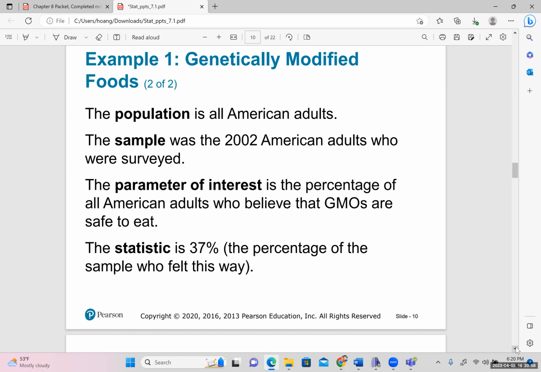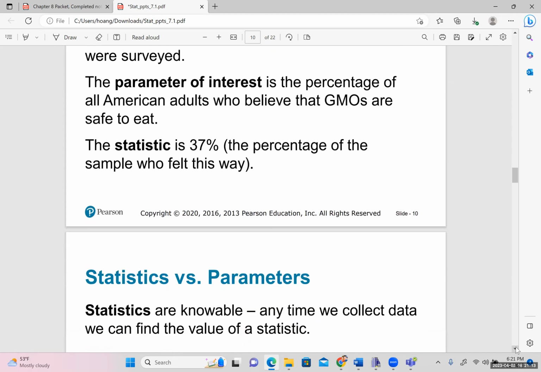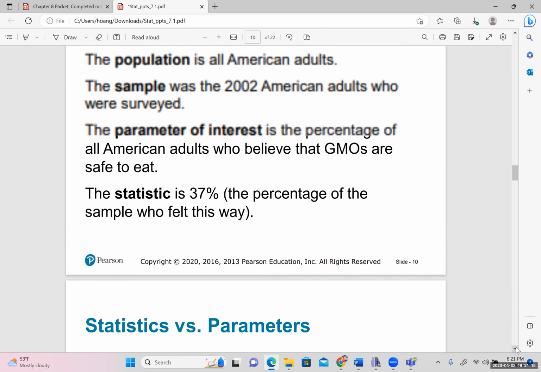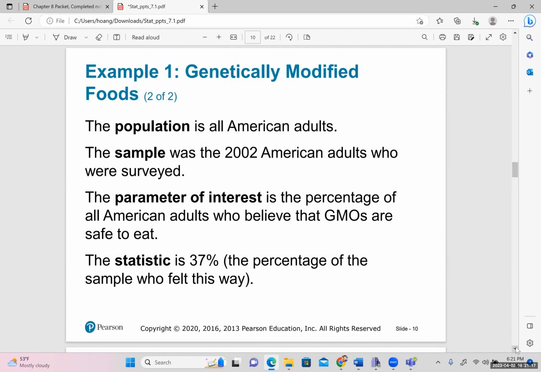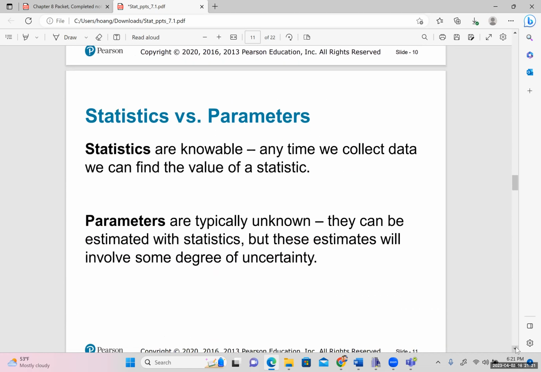A proportion is a decimal number, and when you multiply by 100%, it becomes a percentage.